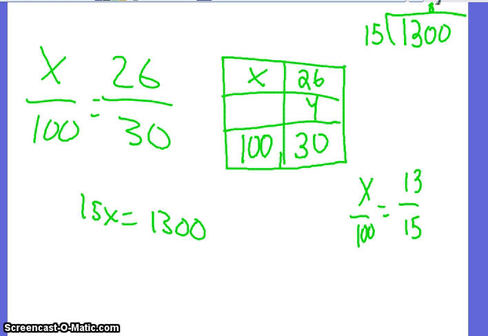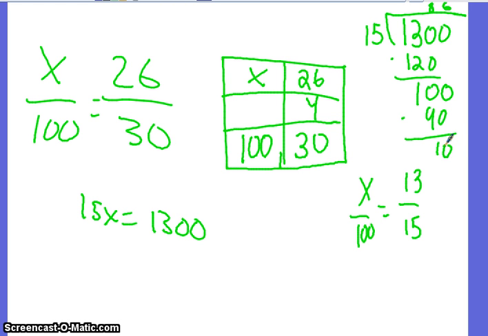What's 15 times 8? 120. Okay. 15 goes into 100 how many times? 4 times? Go bigger, that's 60. 6 times? Yeah. 6 times, that is 90.